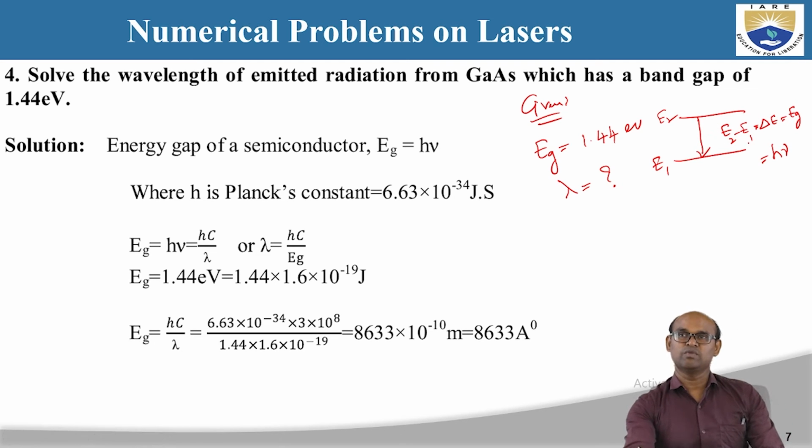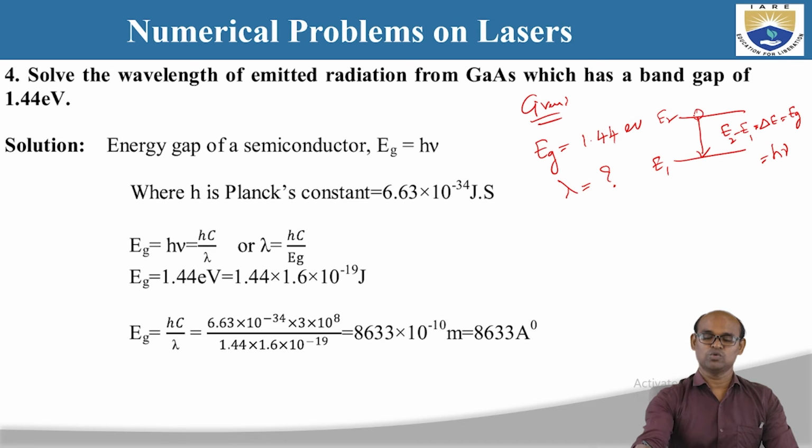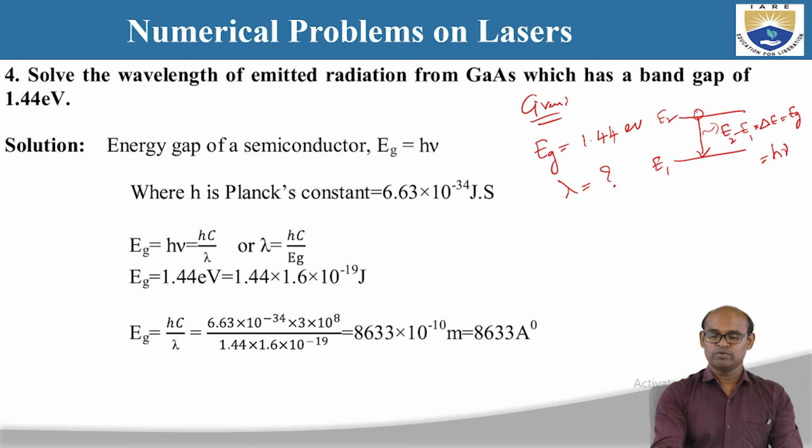So E2 minus E1, the gap between these two energy states, is the energy gap Eg, which is equal to the energy of the photon emitted. When an atom goes from the excited state to the ground state, it emits a photon of energy E2 minus E1, which is equal to the energy gap. Fine. Now we have to calculate the wavelength of this emitted radiation or light.